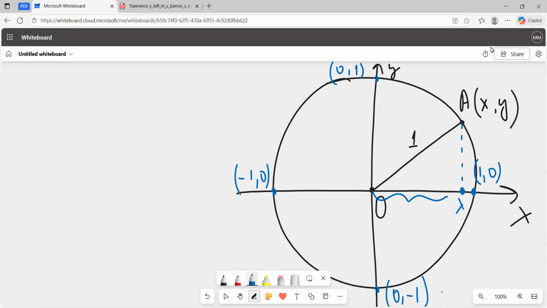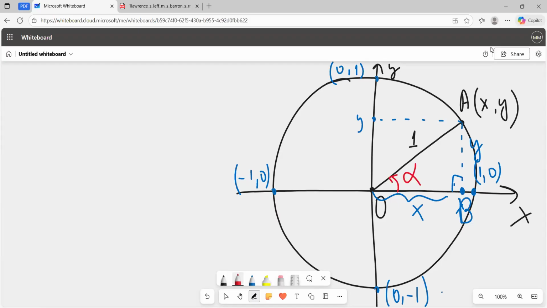Let us consider that this is point B, then length of OB is equal to x, and this is point Y. The length of leg AB is equal to y. And consider that we have positive oriented angle AOB, which is equal to alpha, let's say.